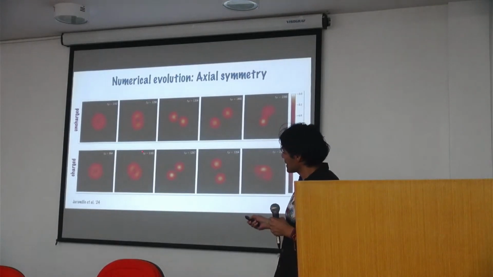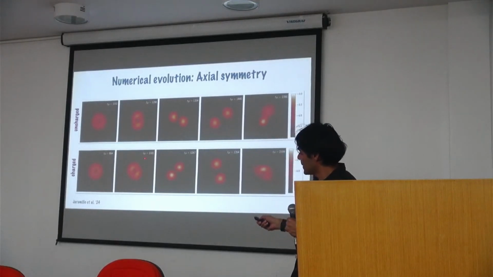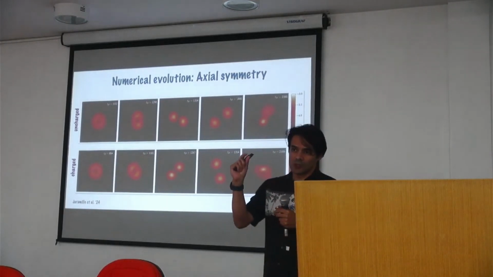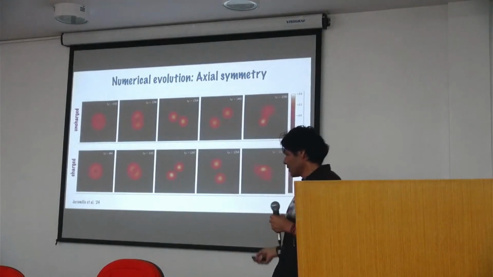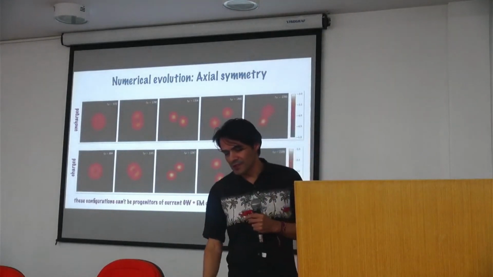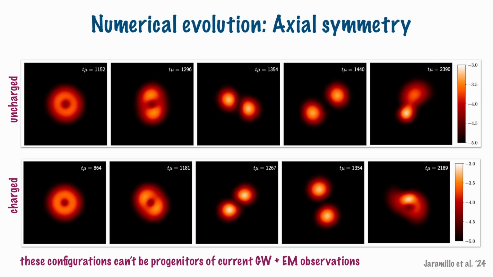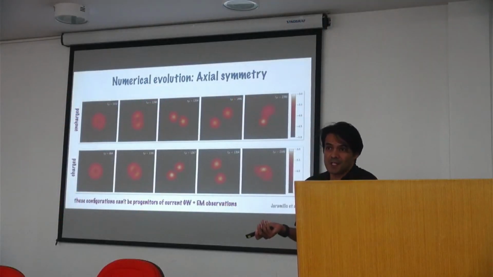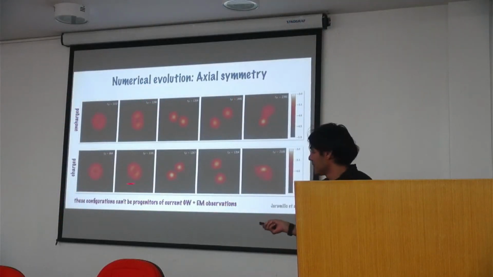But if you see the time at which the instability appears, this is around 1200. In here it appears at 1300, and this is for a small charge. So we just conclude that this configuration cannot be a progenitor of current gravitational wave and electromagnetic observations. Essentially, why? Because it is unlikely that these stars exist.